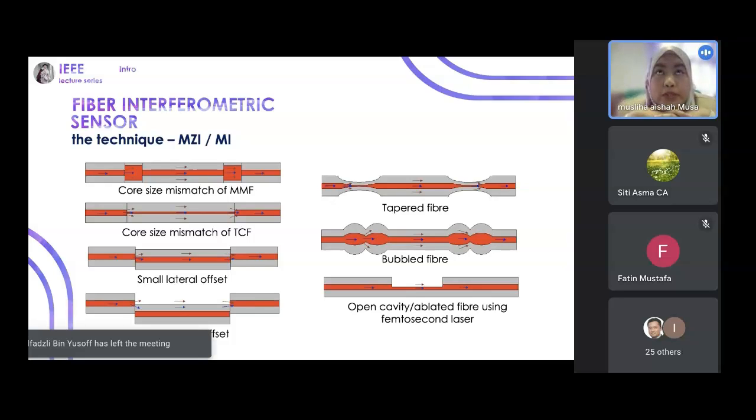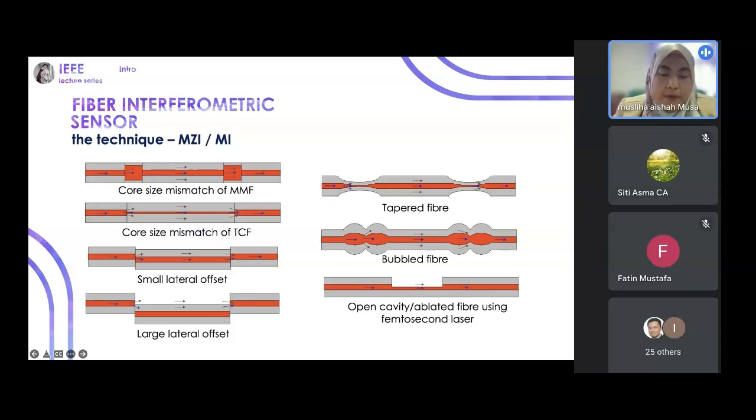If we want to do multiple points of tapering, maybe we can use a femtosecond laser. It's more uniform.